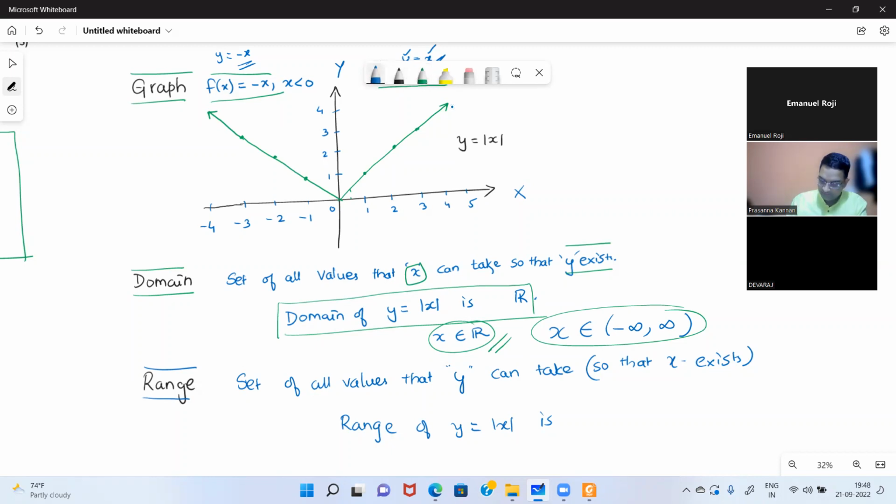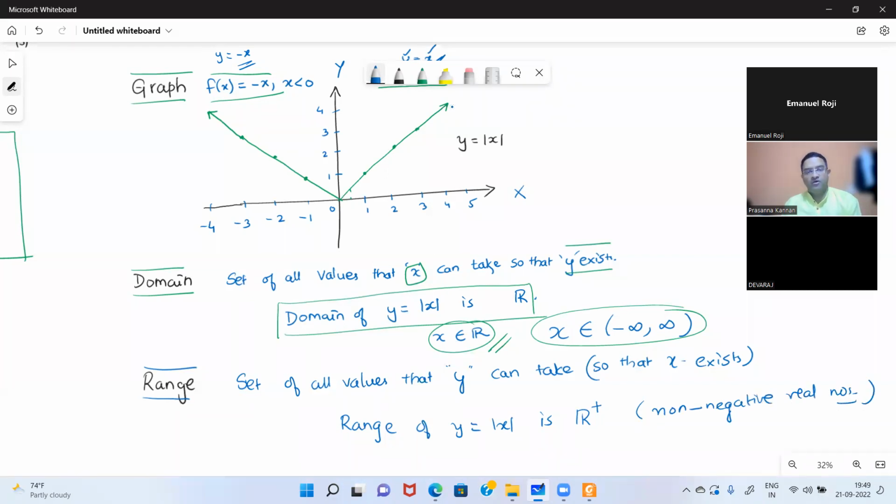You can say it is R plus, or positive real numbers, or non-negative real numbers, which is a better word to use. Why do I say non-negative real numbers?